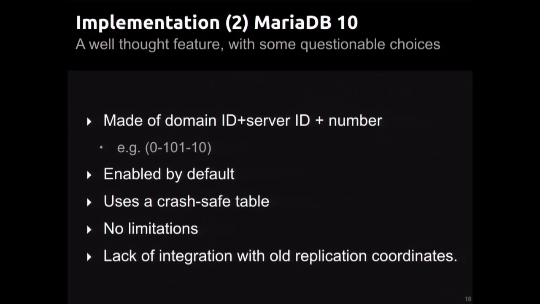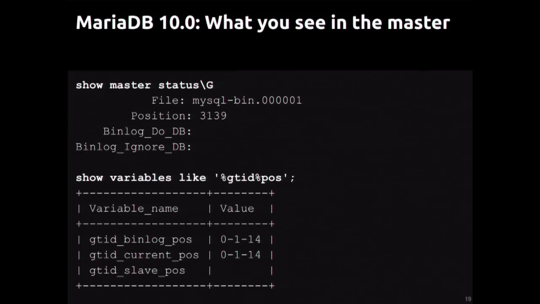No known limitations, so all statements should work. There is a lack of integration with all the replication coordinates. So you will see coordination only in show slave status, and that's it.